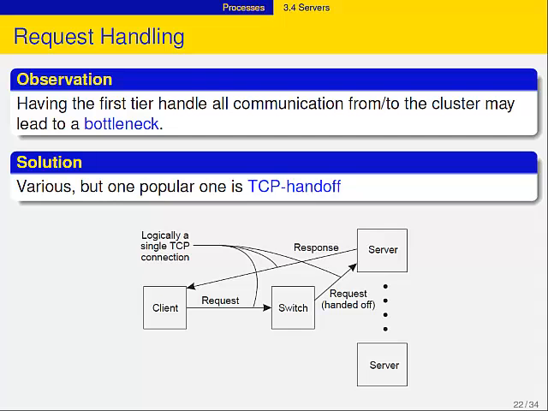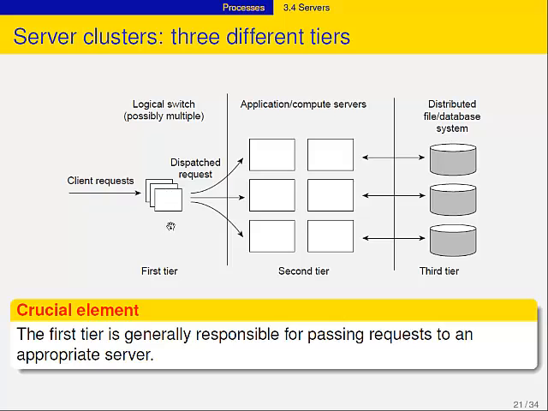Now, if you don't watch out, if you have a client that's sending a request to a switch, and let me go back to the previous slide, to such a switch, and the flow is like this. Client issues a request, it enters a switch, is handed off to an application server, goes to a database, goes back and through the switch again. You could easily imagine that these guys over here have a lot of work to do.